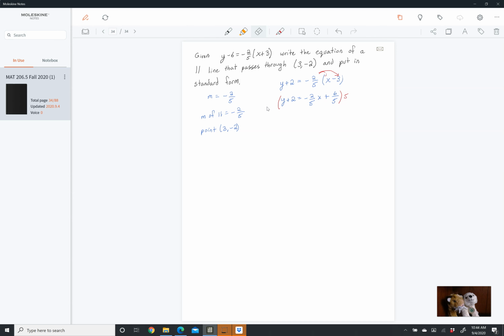Okay, and we have to distribute that 5 to everything. Do not forget that. Too many people forget to distribute it to both sides. Okay, and the whole point of this is to get rid of your fractions. So if this does not get rid of your fractions, then you multiplied by the wrong number. So here we get 5y plus 10. And our denominators just disappear.